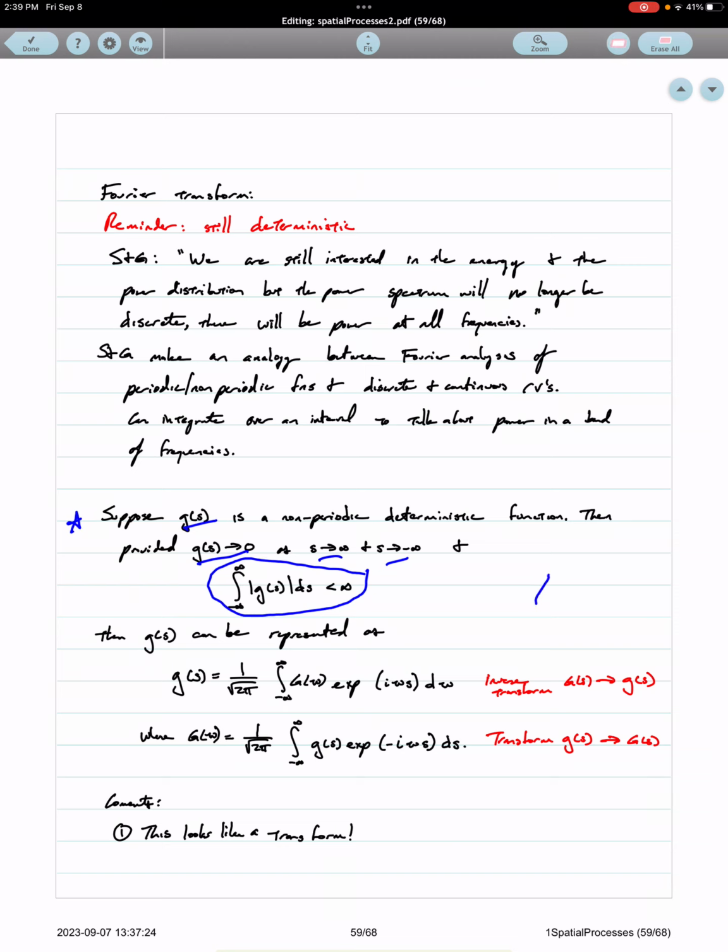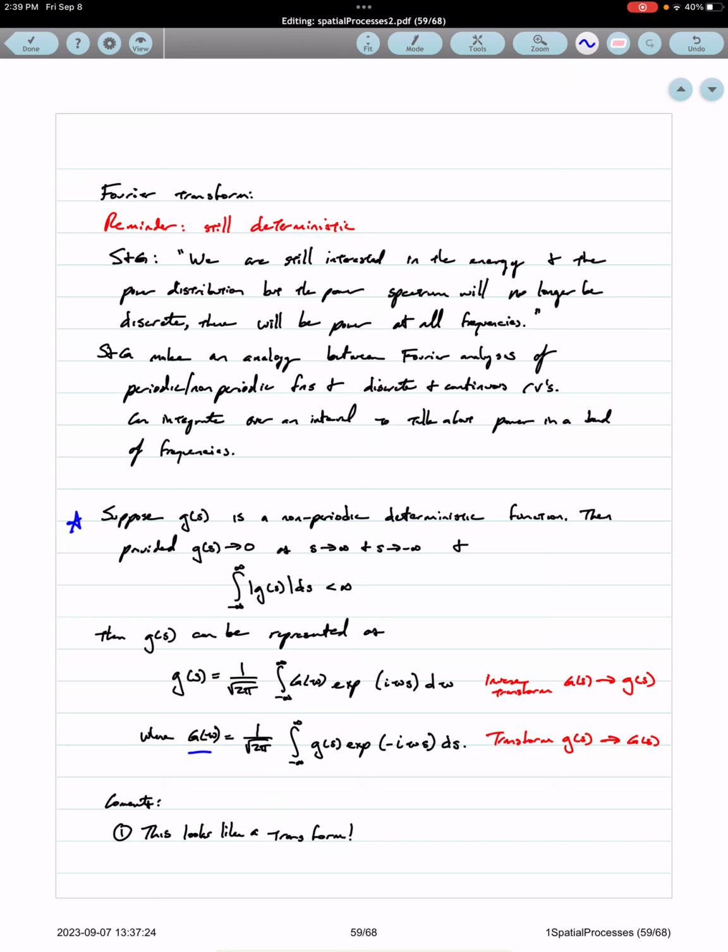Given those conditions, we can recode g of s as this capital G of omega, and omega we're going to think of as the frequency.